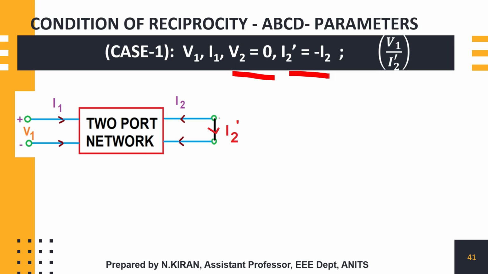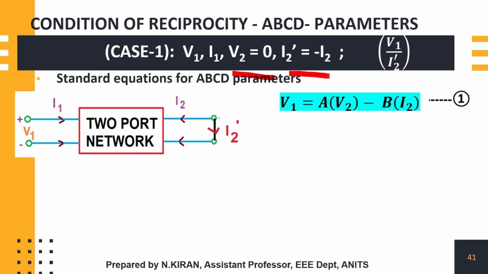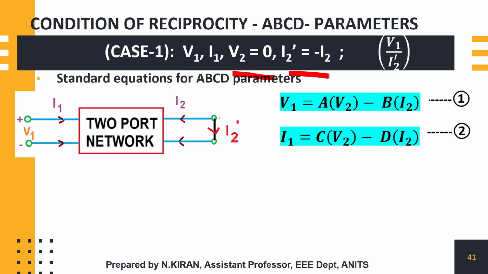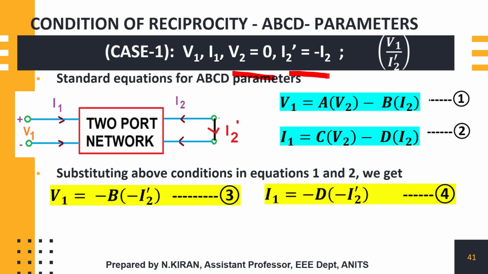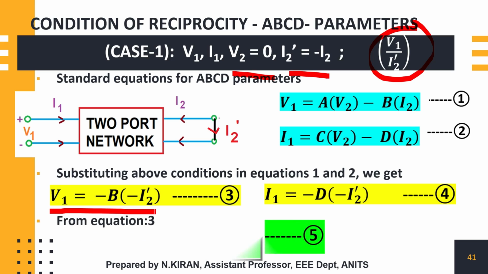So considering the standard equations of ABCD parameters as equations 1 and 2, on substituting the above conditions in these two equations, the first equation becomes V1 is equal to minus B into minus I2 dash. The second equation becomes I1 is equal to minus D into minus I2 dash. Since now my aim is to find the ratio of V1 by I2 dash, I can directly get it from the third equation. So from the third equation, V1 by I2 dash will be nothing but B.